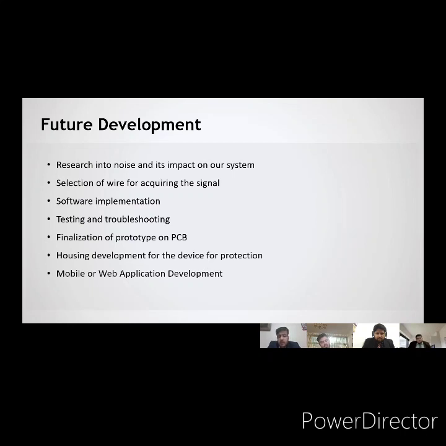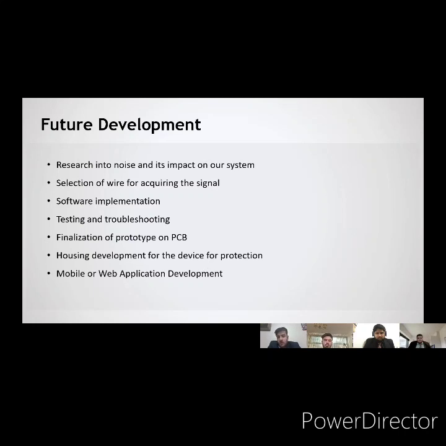The software implementation, testing, and troubleshooting is something we are prioritizing immediately, as it is the premise of Capstone 2. Due to the challenging conditions in which the device needs to function, we will be looking into making a finalized PCB and protective housing for the prototype.